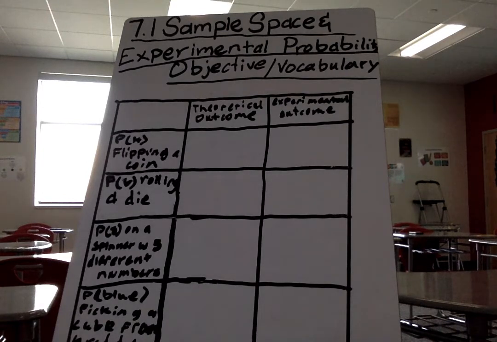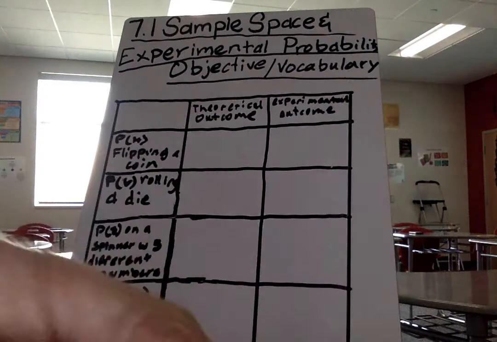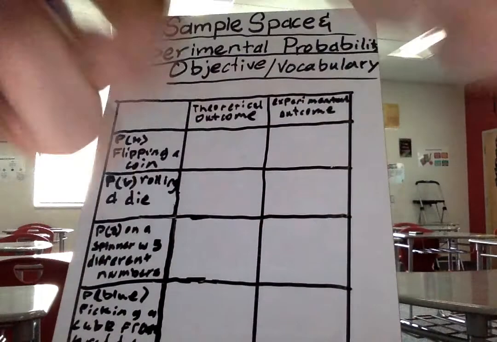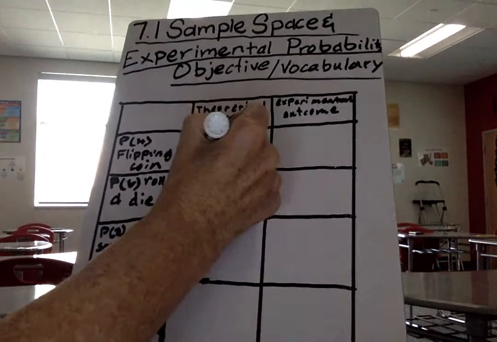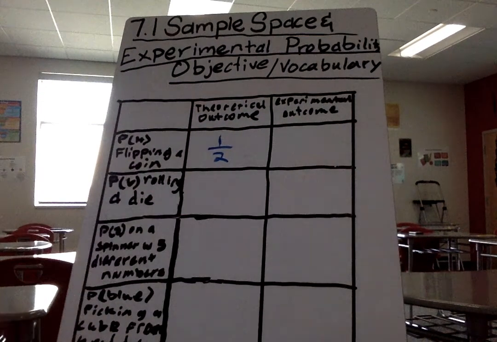So if we have a coin right here, we can have tails or we can have heads. Theoretically, that would be 1 over 2. We have a half a chance of getting a head. So we put how many heads over how many possibilities.